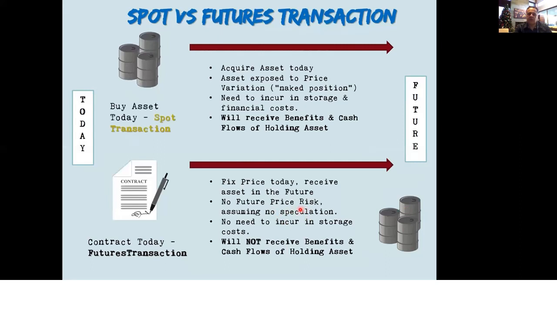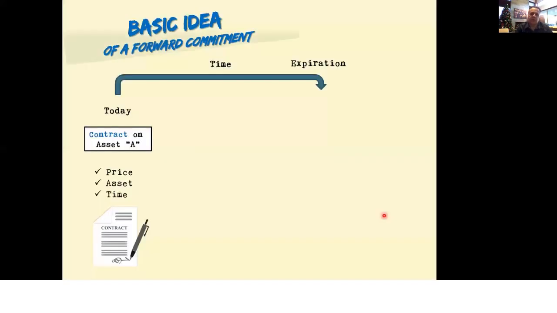There's no price risk since you will fix the price on day zero. If you're buying the asset, you will not need to incur any storage cost because you won't have it until later. And on the other hand, if you don't own the asset yet, you will not receive any benefits or cash flows that the asset produces from day zero until the time that you actually receive it.